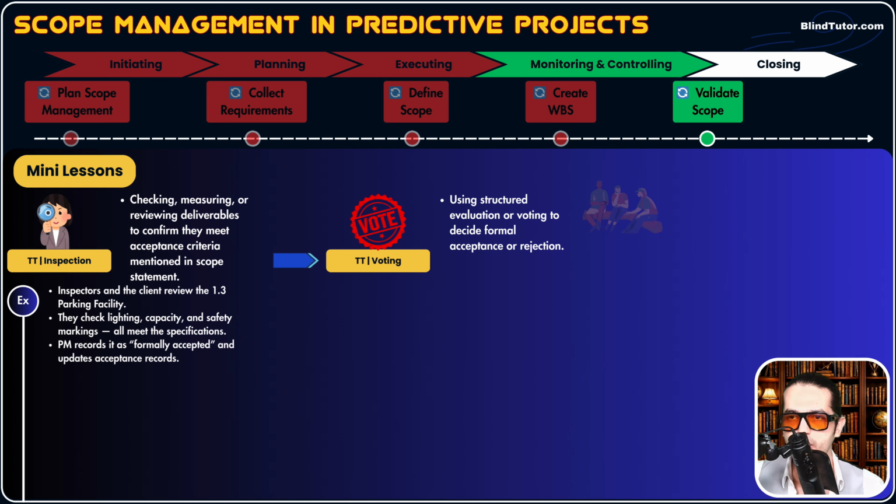Now, what if stakeholders have different ideas about this deliverable? One group says, this deliverable looks good, nice, let's accept it. The other group says, no, it doesn't meet our expectation. It doesn't meet acceptance criteria. Let's reject it. Okay, conflicting ideas.